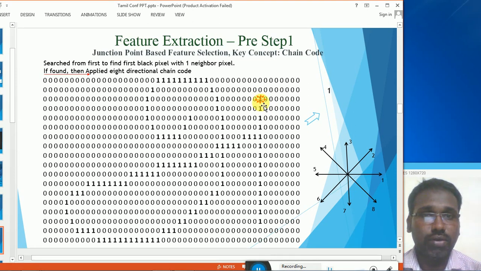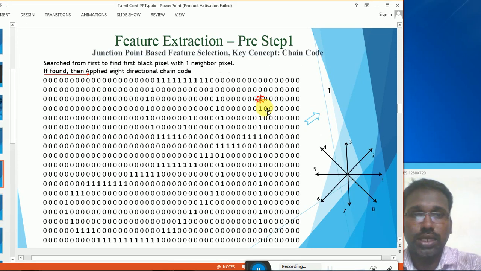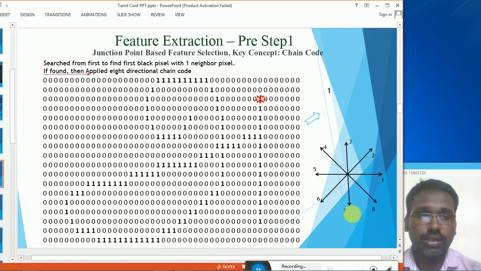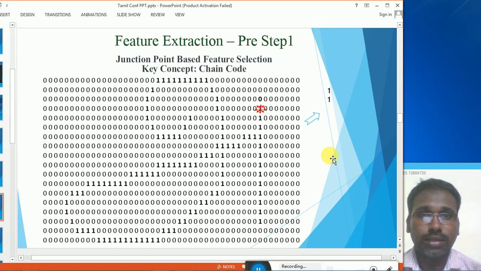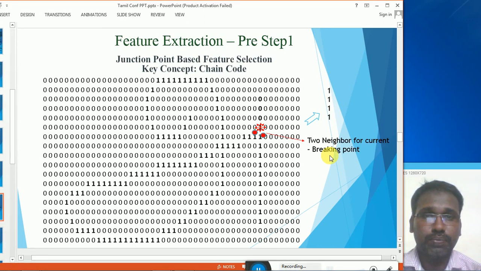If I find it, I apply the chain code algorithm to take out the feature vector. It moves to the next valid pixel, and the visited pixels are placed in the same position in another image, which is taken for the feature extraction procedure. The process comes to an end if a black pixel is found with two neighbors, that is, two valid black pixels.